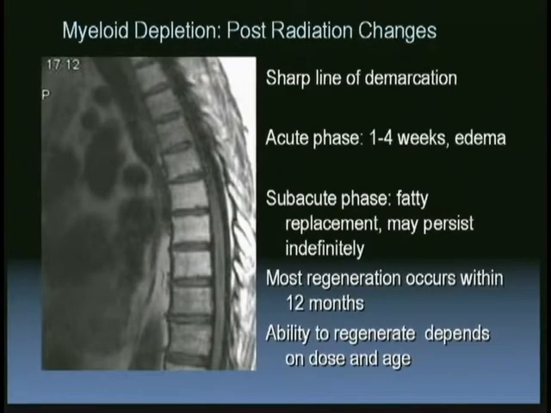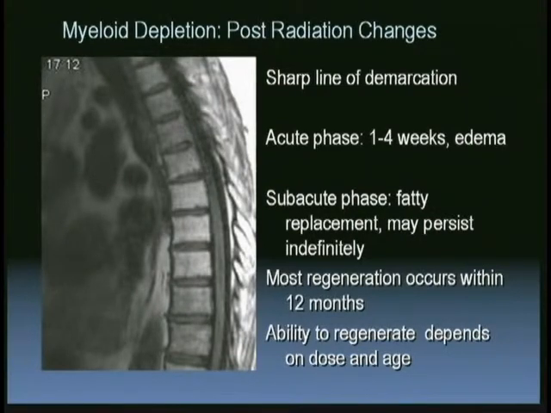This is a patient who had radiation therapy, and you can see that these three vertebral bodies in the mid-thoracic spine are much brighter than the levels above and below, and so this is secondary to radiation therapy. Initially, following radiation therapy, we can have edema in the bone, which can be confusing if you're not aware that there was very recent radiation therapy.